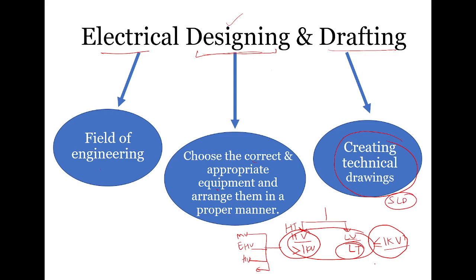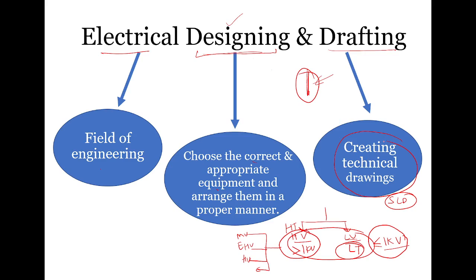SLD is a drawing or blueprint of the complete power system, where the complete power system is shown using some symbols and one line, or single line, which represents your feeder, whether it is your cable or bus bar. So a single line represents your feeder, and other equipment is also shown by some symbols.